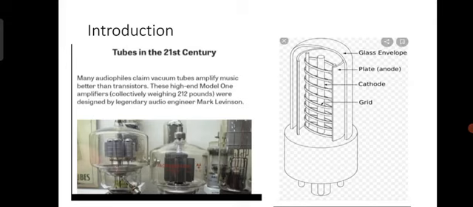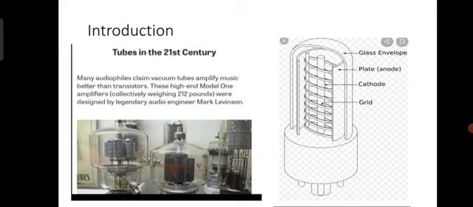Coming to tubes in the 21st century, many audiophiles claim vacuum tubes amplify music better than transistors. These are also used as amplifiers, and these high-end Model 1 amplifiers collectively weigh 212 pounds. Here you can see a vacuum tube amplifier designed by legendary audio engineer Mark Levinson.